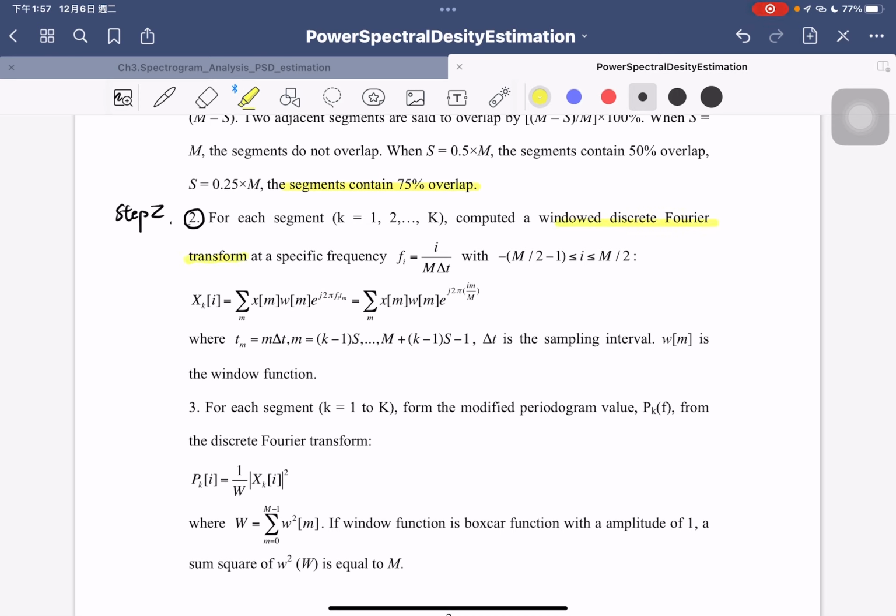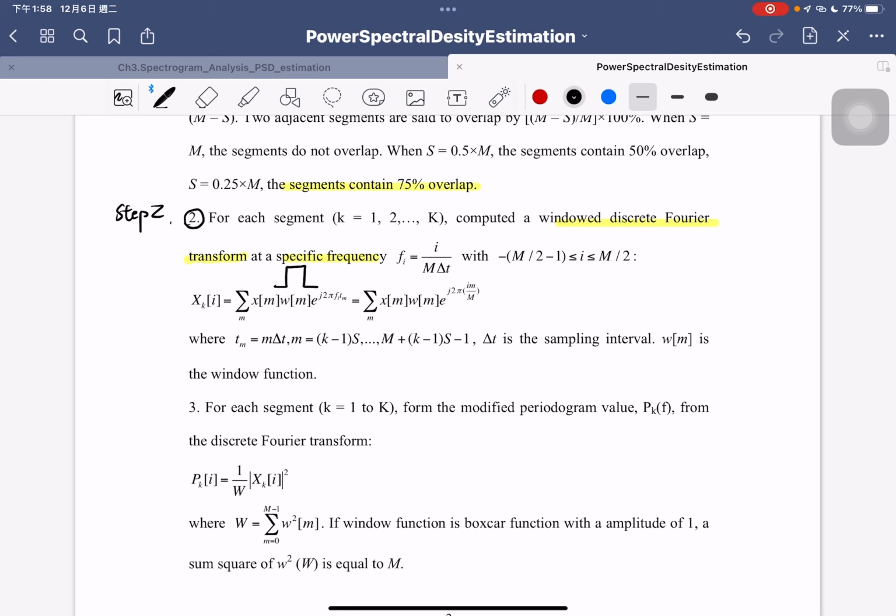Okay, so this is our input time series data, and this is the window function. And for the window function here, we usually use the boxcar function. We just cut off the window, and this is continuous time series data, but we only cut off the one significant window to do the Fourier transform. And this is the Fourier transform operator. And you can see the frequency and the time information here.